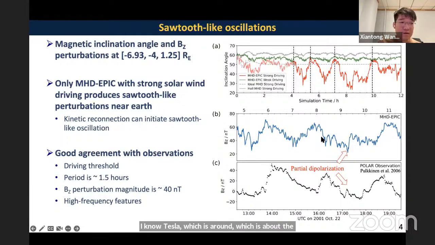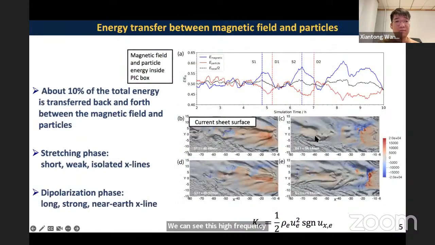And the period is about 1.5 hours. It's slightly shorter than observation, but it's still comparable. And we can also see some partial dipolarization features as observed in the Polar observation. And in the observation, we can see high frequency features that are also revealed by the simulation.